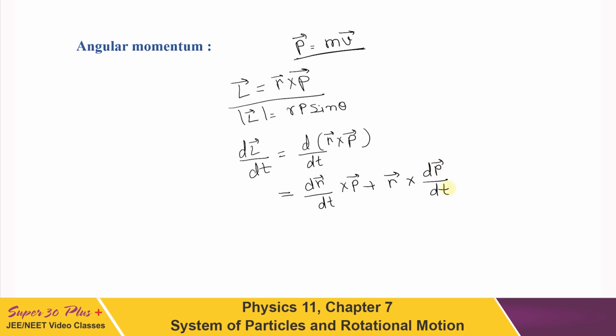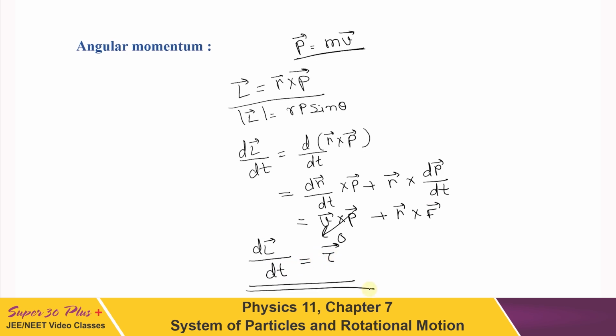Now we know that dr by dt is velocity, so this term will be v cross p. What is p? p is also mv, so this will be 0, because v and p have to be in the same direction, so their cross product has to be 0. Plus r cross dp by dt. What is dp by dt? That is force. And from here we got dL by dt equal to torque.